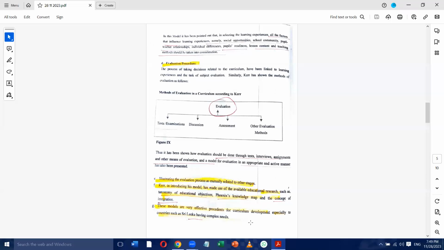We don't expect a linear output, right? So we expect some variety of outputs because we need something on the economical side, we need something on the technology side, and we need something especially based on the cultural side as well. So it is a complex output that is expected from the curriculum of Sri Lanka.